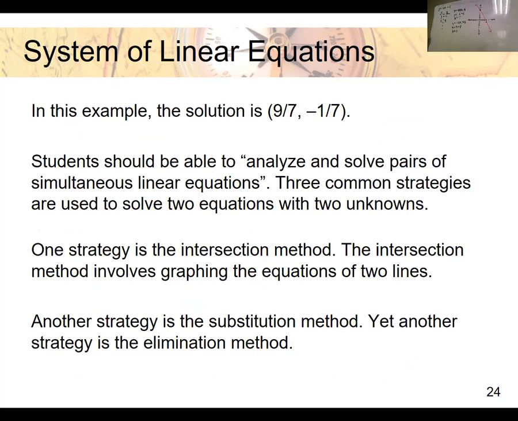Now, if you were to do this, you would get the solution 9/7 and -1/7, which will be fractions here, okay? And if you were to graph them on a coordinate plane, you would not be able to identify that solution directly, okay?